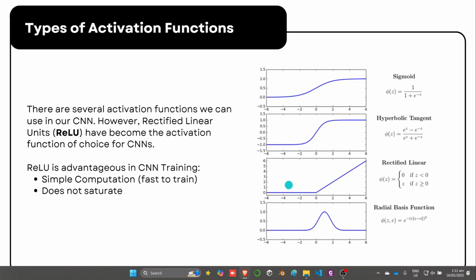All of the inputs into this function that are less than 0 will always be 0. That's what this mathematical function is saying. If z is less than 0, it's 0. However, if z is greater than 0, then it takes the value of z. That's the nonlinearity part of this function.